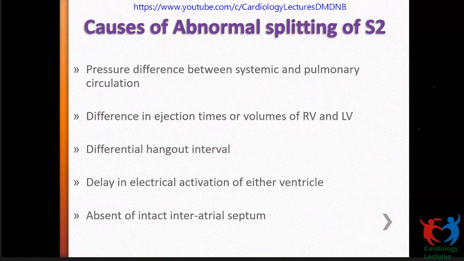Okay, causes of abnormal splitting, pressure difference, you know all this. I think the key cause is that the hangout interval changes. There is delay in electrical activation, there is delay in the ejection itself, but hangout interval is a crucial explanation, especially when you're talking about wide fixed wide S2.